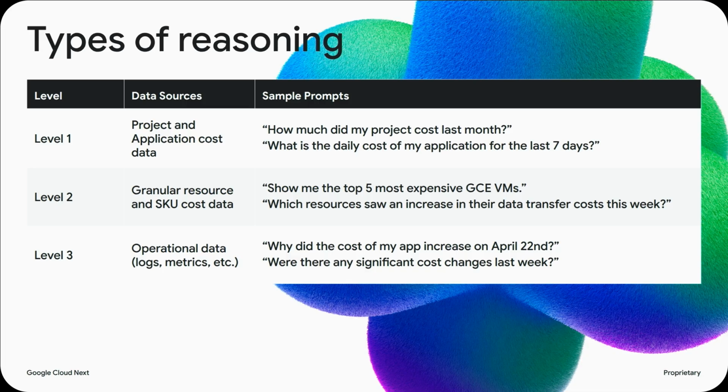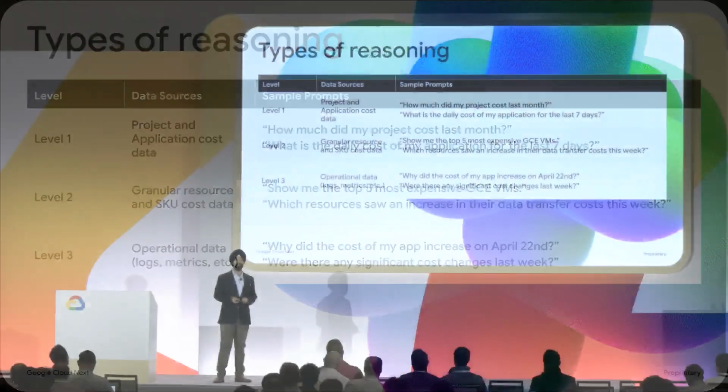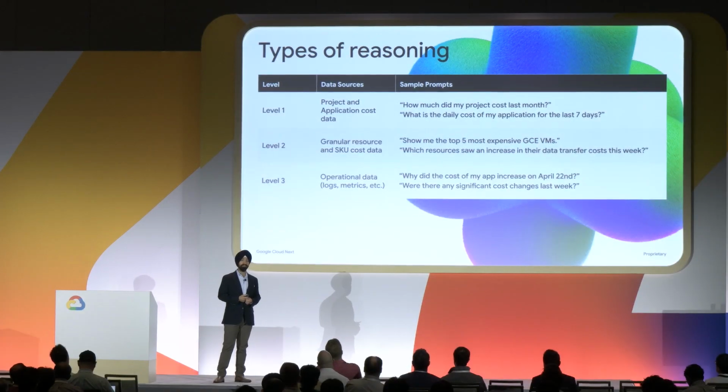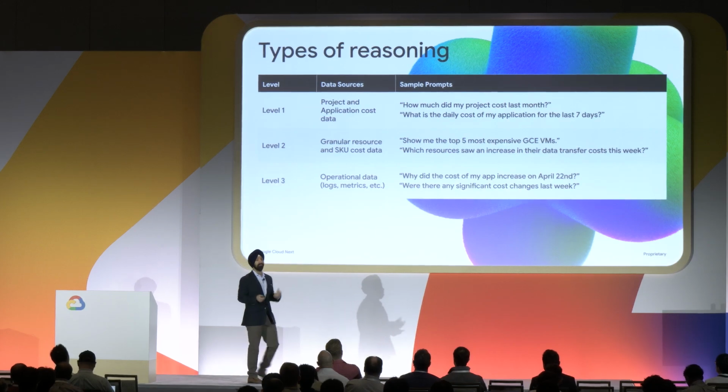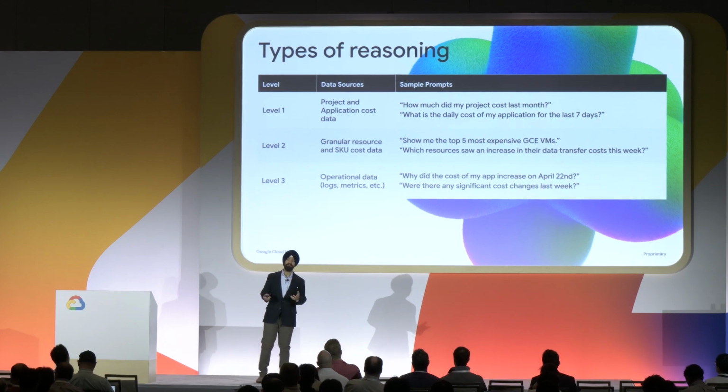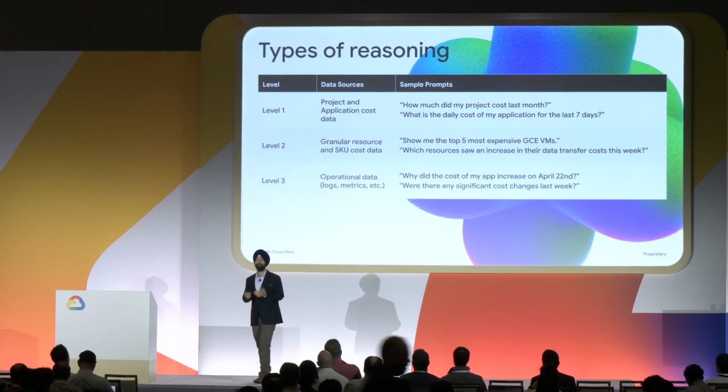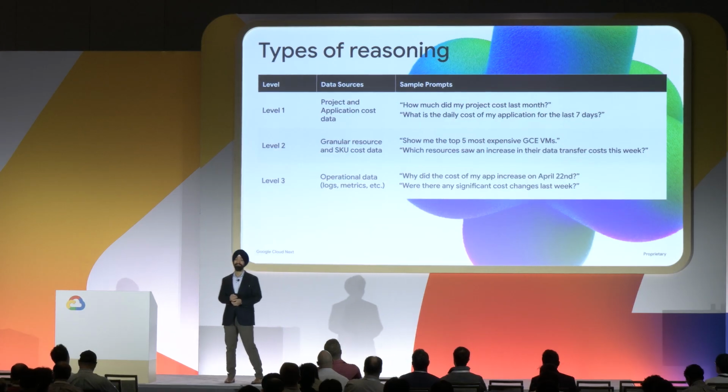Then you can take it a step up and ask it about cost changes and say, hey, Gemini, what has changed the most in the last 5 days or in this last month? And it'll spit out all the resources that you're looking for. And also, you can go really meta if you wanted to with Gemini Cloud Assist and ask it, why did my cost change? Or you can even say, why am I here? Well, I don't know why it would be able to answer that, but it can certainly tell you why your costs have gone up.